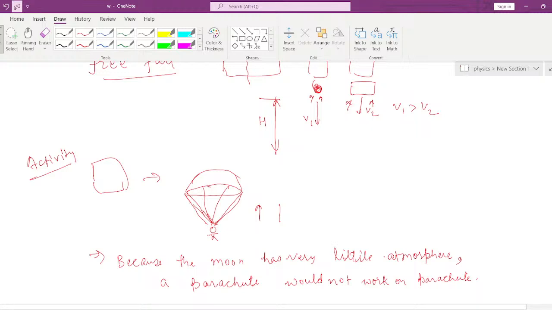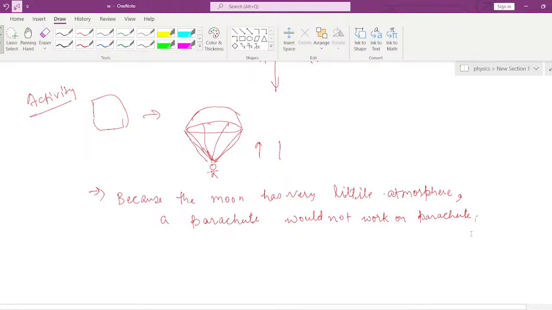Because of the atmosphere, we have air resistance, and on the moon we do not have that much air resistance as compared to Earth, so it will not work properly on the moon. So now it tells that while jumping with the parachute, the air resistance increases.